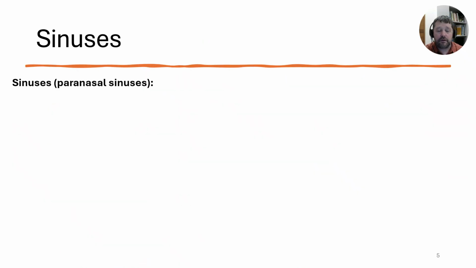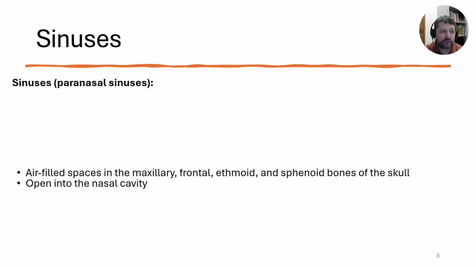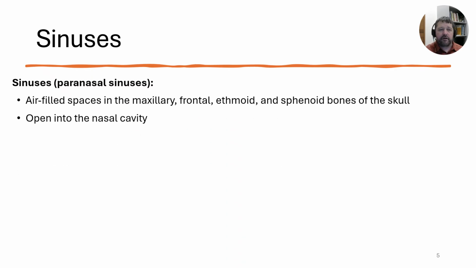Okay, another part of that upper respiratory tract is the sinuses, or the paranasal sinuses. These are areas that are filled with air, and so they're often what we would call open spaces. They occur in different bones, the maxillary, the frontal, the ethmoid bone.